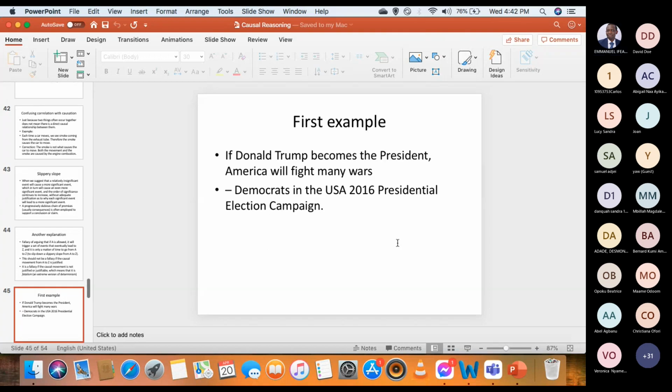So, for example, if Donald Trump becomes the president, America will fight many wars. Now, during the US presidential elections of 2016, some Democrats were actually telling American voters that if they allow Donald Trump to win the presidency, the USA is going to be involved in a lot of wars because the man is obviously aggressive.